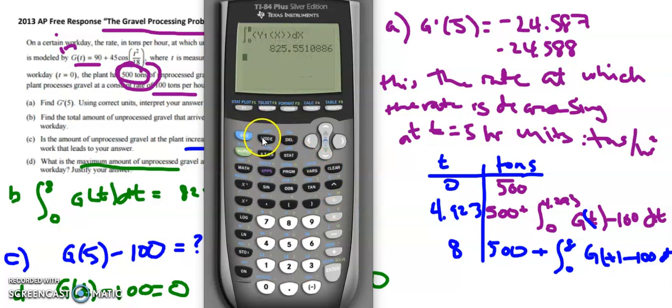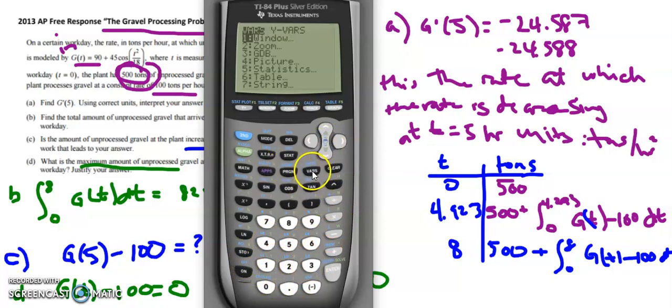Now if I go to my home screen, what I want to do is take my original 500 and add to it. I'm going to go to alpha, integrate. Choice 4 is integrate. I'm integrating from 0 to 4.923, and I want to integrate y1.